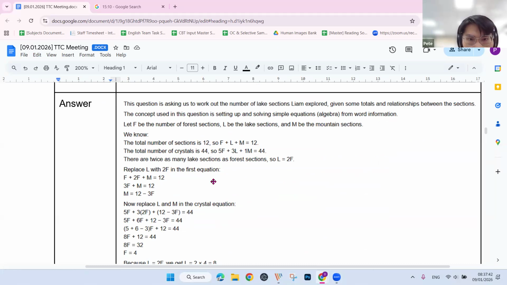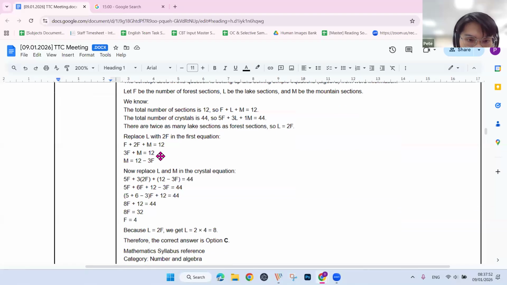The number of lake sections is twice the number of forest sections, so L equals 2F. We replace L with 2F in the first equation: F plus 2F plus M equals 12, so M equals 12 minus 3F.